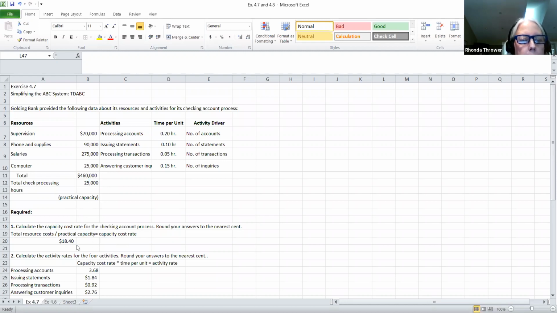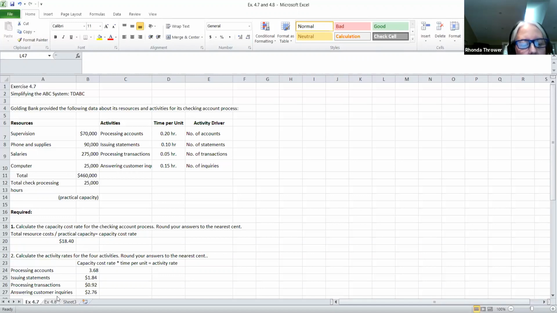When you're using time-driven activity-based costing, you need to find the capacity cost rate first. And then we're going to calculate an activity rate for the 4 activities that we're using. So if you think of this as the entire bank's capacity cost rate, now we're going to divide this amount up by the amount of time that's spent on each one of the activities.